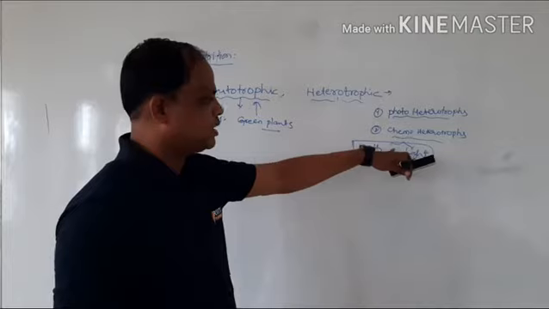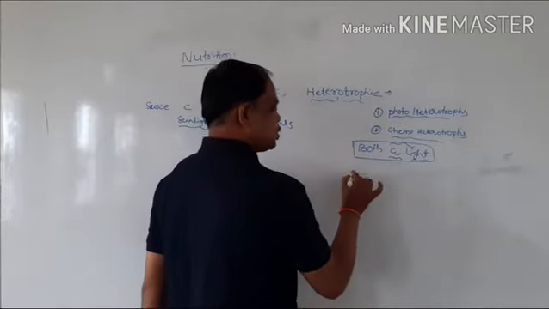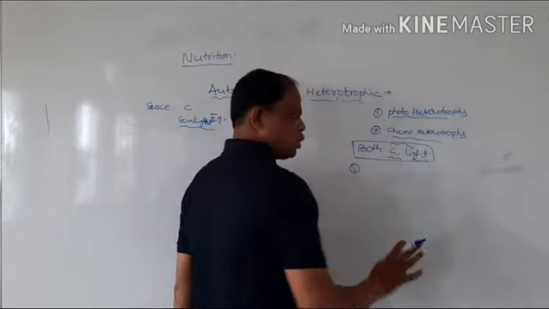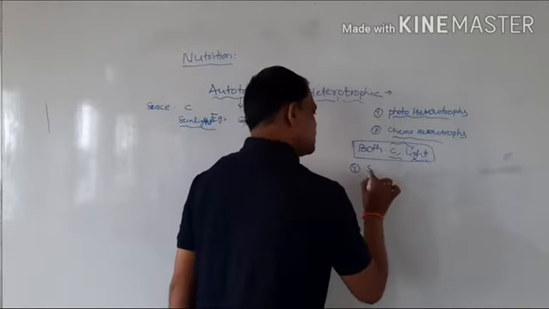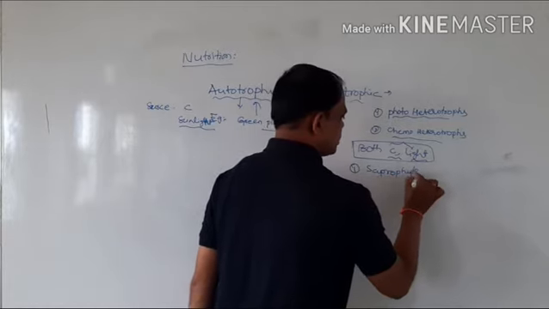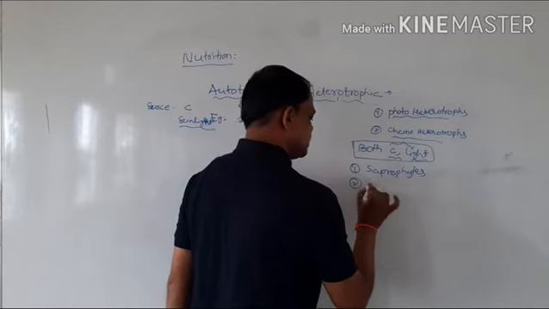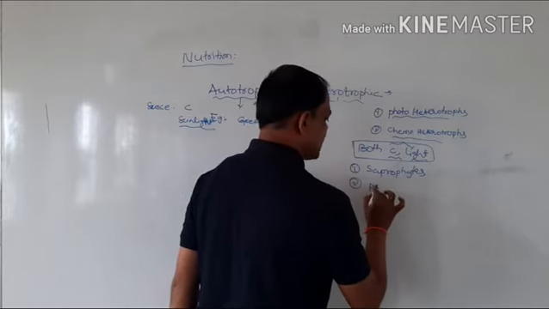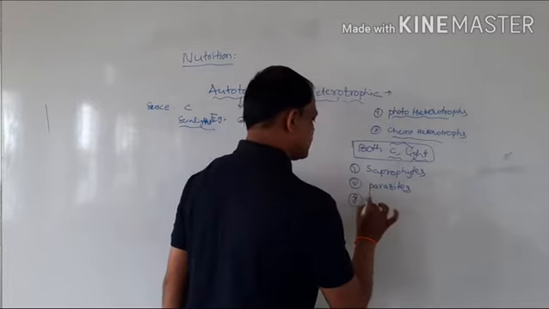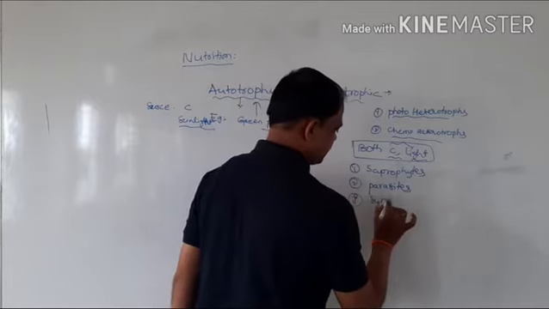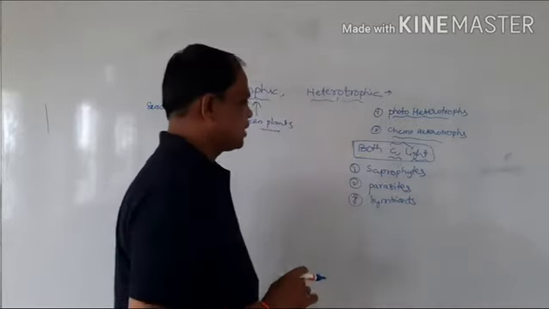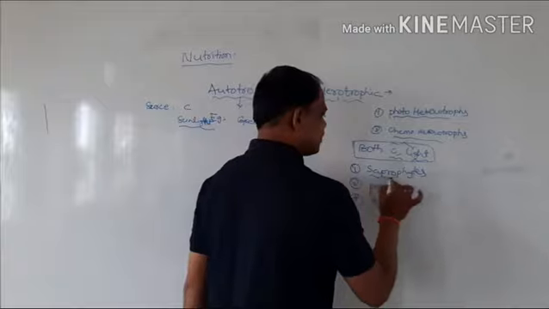Based on this dependence, there are three types. Chemoheterotrophs are again divided: one is saprophytes, second is parasites, and third is symbionts. These are the three types.